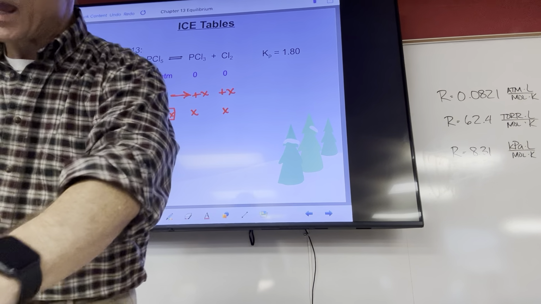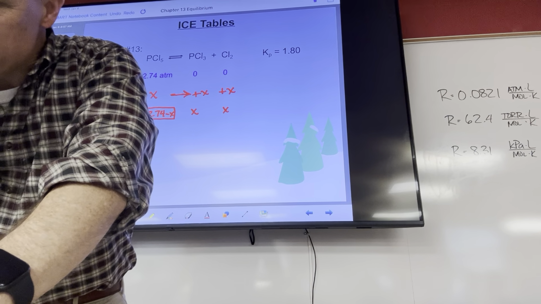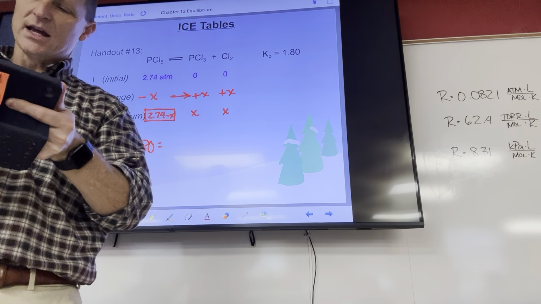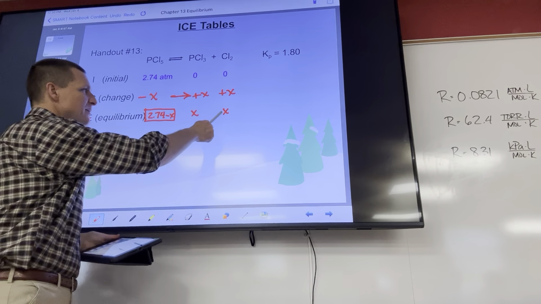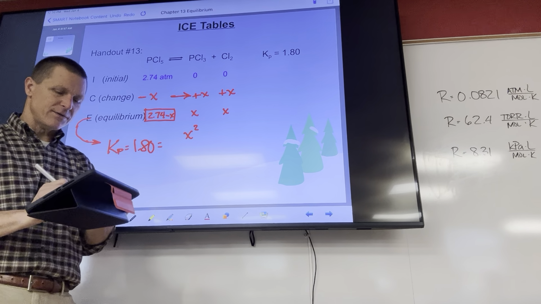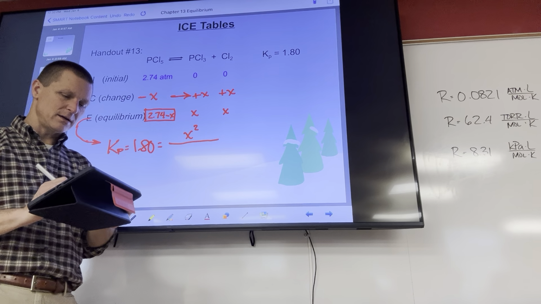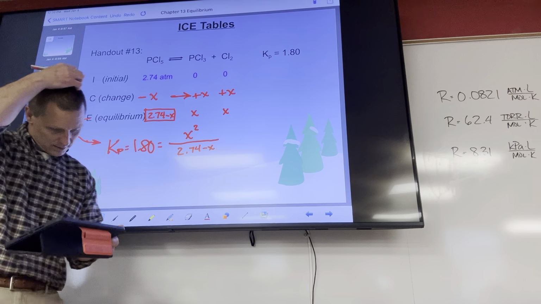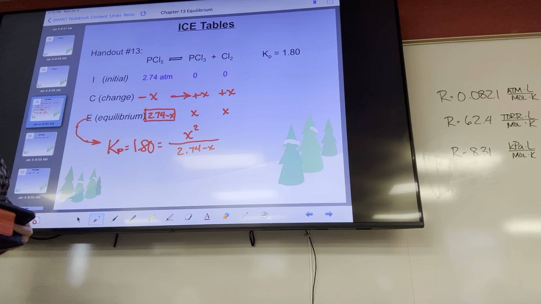So the K is given to us. Kp equals 1.80, which is the product, x times x, that's x squared, divided by the reactant, 2.74 minus x. Solve for x.